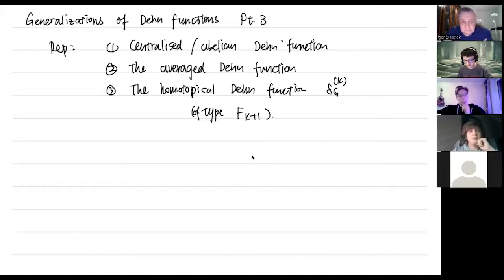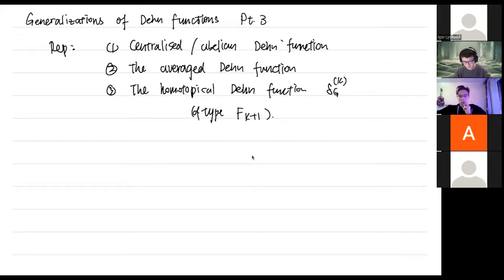In this case, we basically fill the n spheres with n plus 1 disks, and we generalize this Dehn function to the Dehn function of the space. We take some high dimensional space and allow our group to act on it geometrically, and we basically use the Dehn function of the space to represent the homological Dehn function of the group.